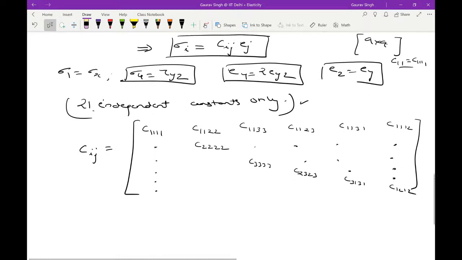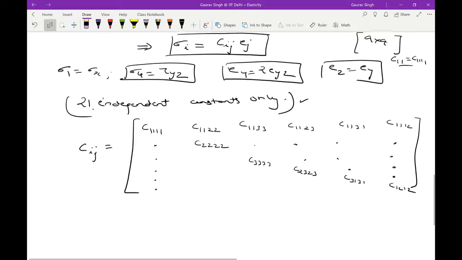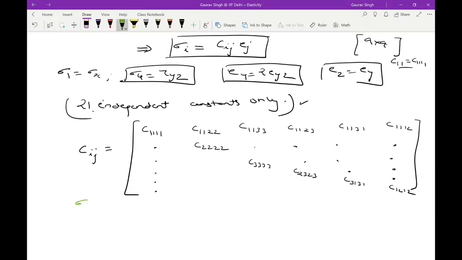So let's see how this has come up. So let me write these two expressions. Sigma I is equal to Cij Ej.